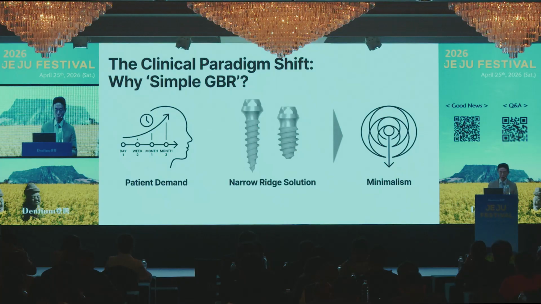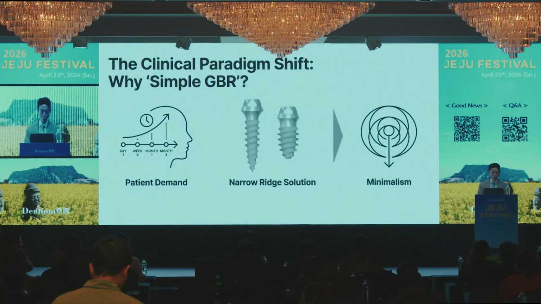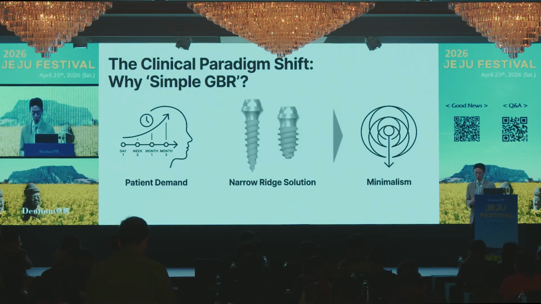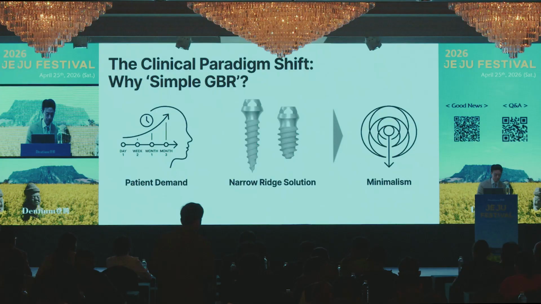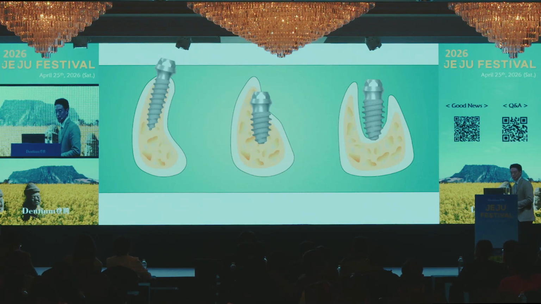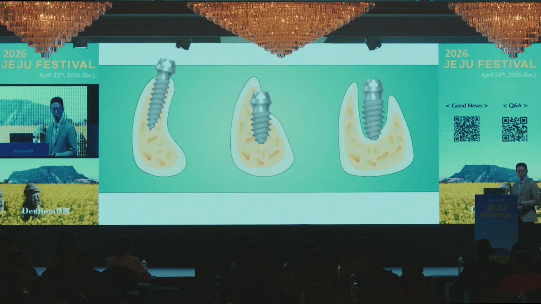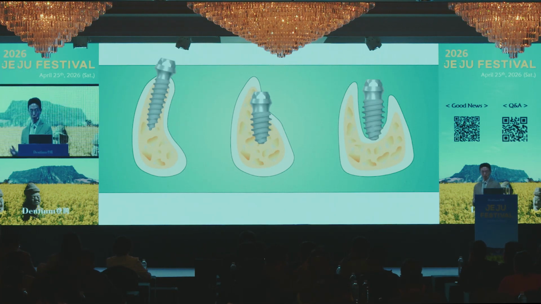The trend in Korea has shifted toward minimalism in treatment. The goal is to place implants using the least amount of bone graft materials. We can now use Bright tissue implants in diameters of 3, 2.5, and 2 millimeter in Korea.